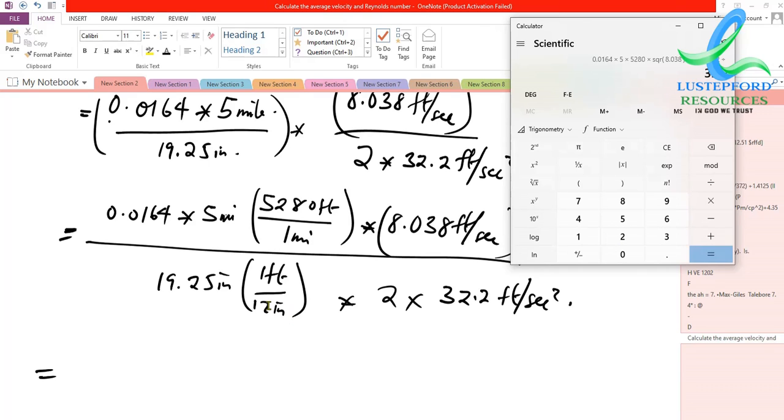Now this 12 here, since it's dividing, it will be timesing the whole answer. So it will now be times 12.